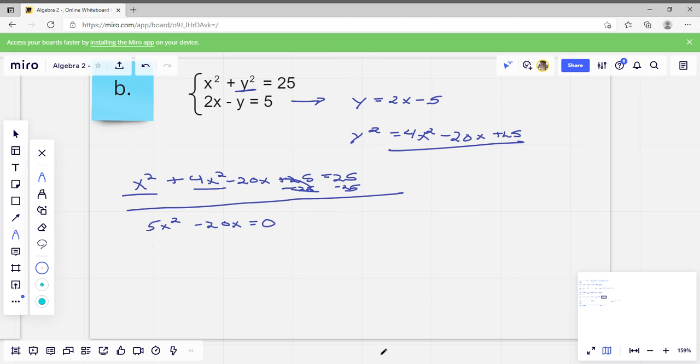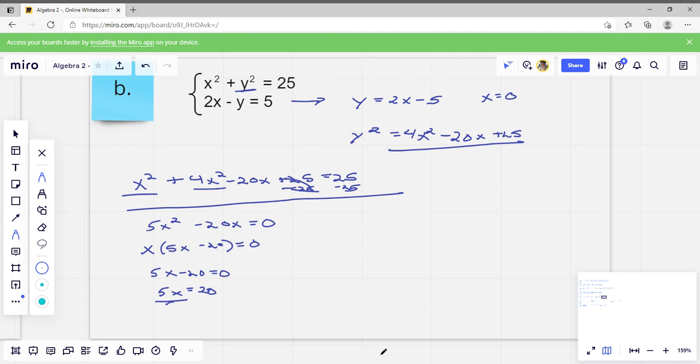Now we're going to pull the x out of both of these terms, factor it out. So our first x equals 0. And then we've got 5x minus 20 also equals 0. So that means 5x equals 20.